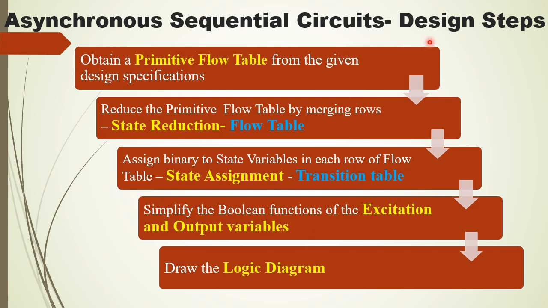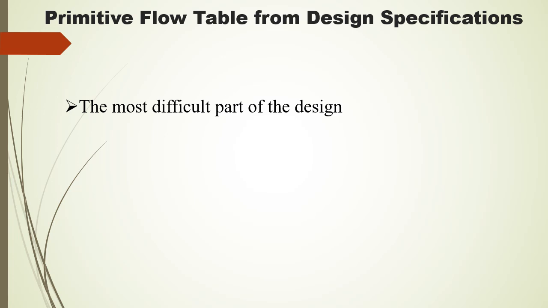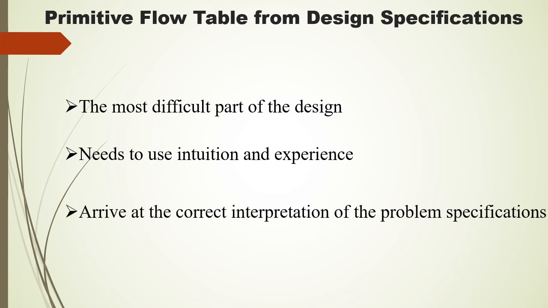That is what is called the design of asynchronous sequential circuit. So in this video, we are going to see how to derive a primitive flow table from the design specification. It is one of the most difficult parts of the design, since it requires some intuition and experience, and we have to arrive at the correct interpretation of the problem specification.